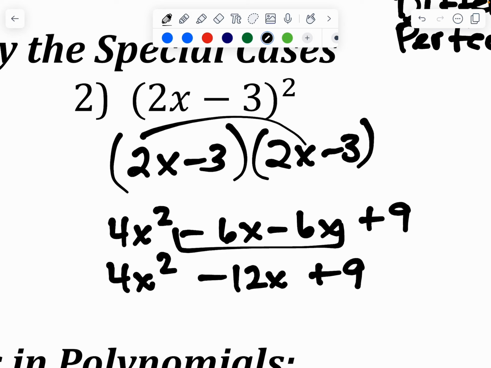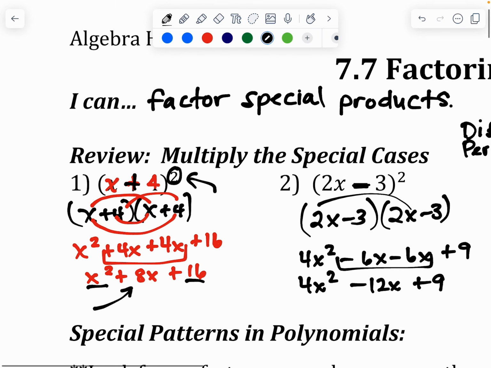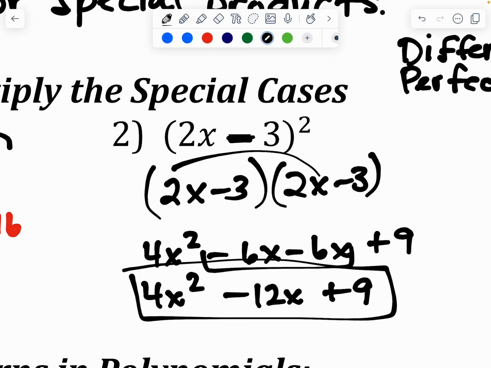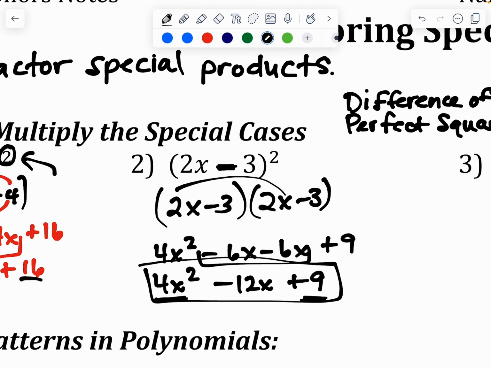So when it's minus here, the middle term is always negative. When it's plus, the middle term is always positive. And the first and last terms are squared. All right, this is also called a perfect square trinomial. 4x squared is squared because 2 times 2 is 4, and 9 is 3 times 3, so that's a perfect square. And so we have a perfect square trinomial. So if I were to give you something like this and say to factor it, we would undo it, and it would look back to that.